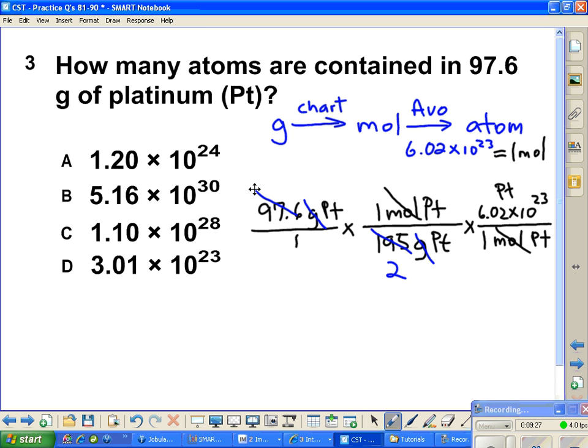And so we have 2 on the bottom. When we divide the 2 into this number, we get 3.01, and that's all that's left, times 10 to the 23rd. Everything else is canceled out. And so the answer here is, of course, letter D.